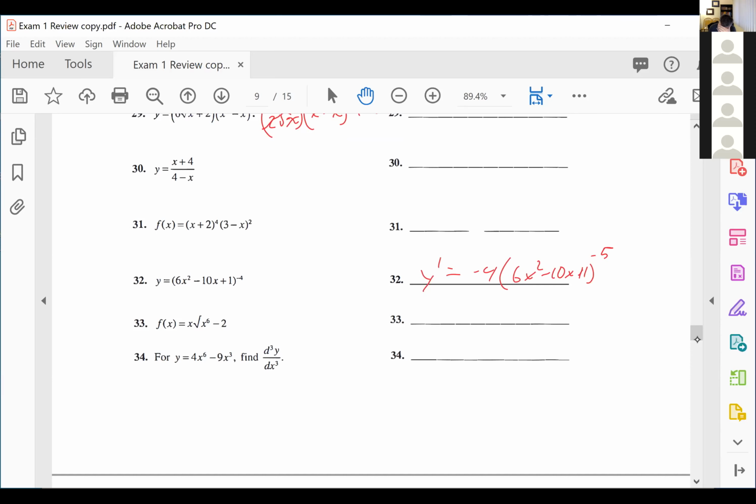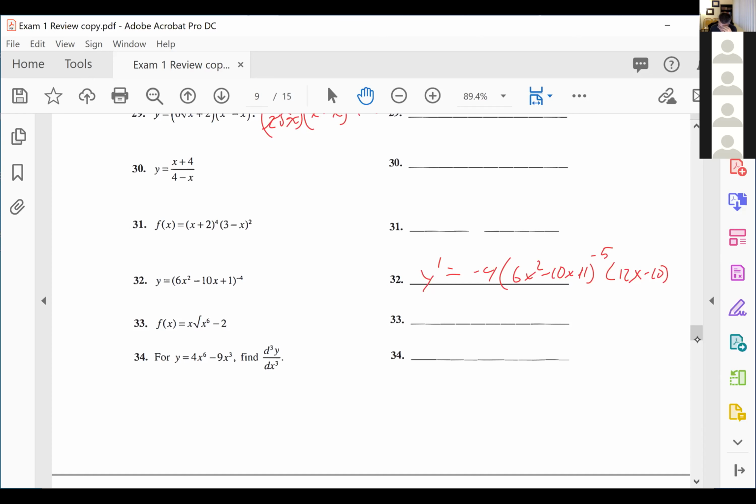And I could pull a 2 out of that if I really wanted to, but maybe I don't want to. And you can put this on the bottom if you really wanted to as well.